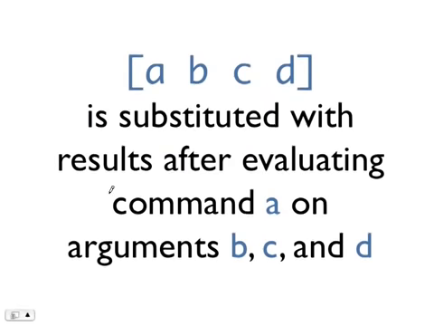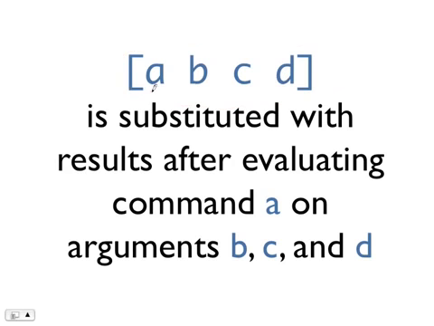The second type of common substitution is command substitution. To do a command substitution, we enclose a command in square brackets. When Tcl encounters square brackets, it will execute the command within the square brackets and substitute the whole thing with the result after executing the command.